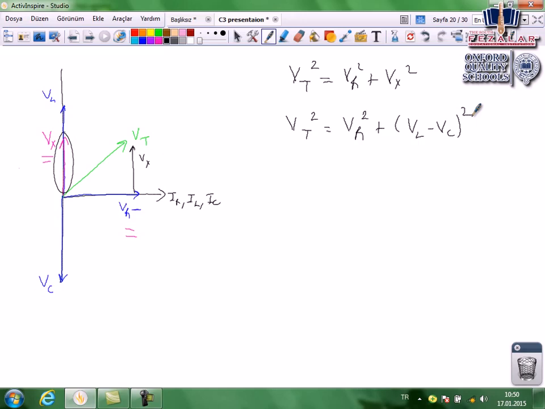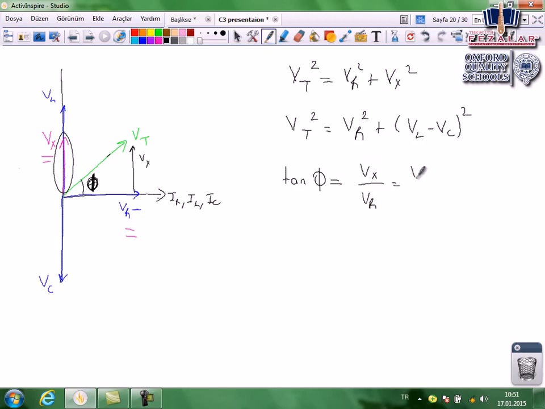Then for this right triangle, let's say here is theta. Sorry, here is phi, because it is the angle between voltage and current. So the angle between the two vectors is the phase difference angle, phi. Tangent phi is opposite side over adjacent side, so it is Vx over VR.